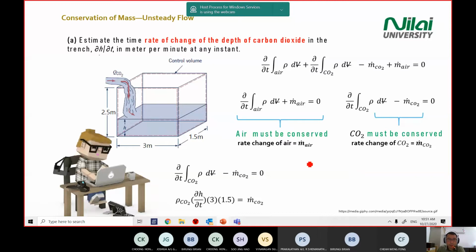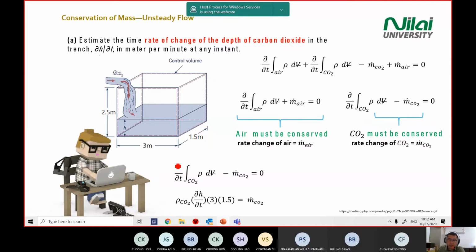Okay, we look at CO2 first because we have information on the CO2. We focus on CO2 because for the air we don't have much information. But for CO2, we know it will enter the channel at a rate of 3 meter cube per minute. So we start with the CO2 component.